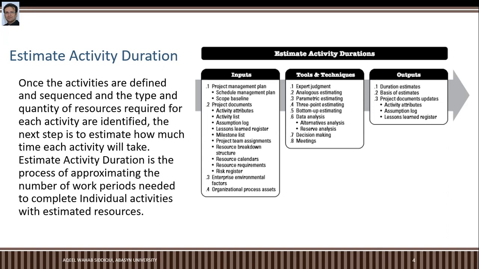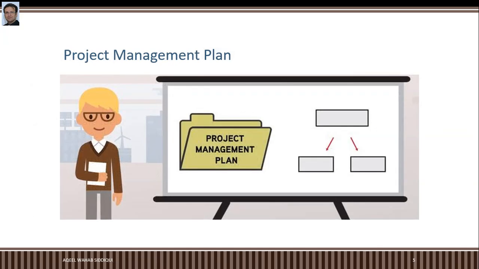Since every process in project management is divided into 3 parts, that is inputs, tools and techniques, and outputs, right now you are at the stage of estimating duration for the different activities of a network diagram. So you need a schedule management plan, you need a project management plan.